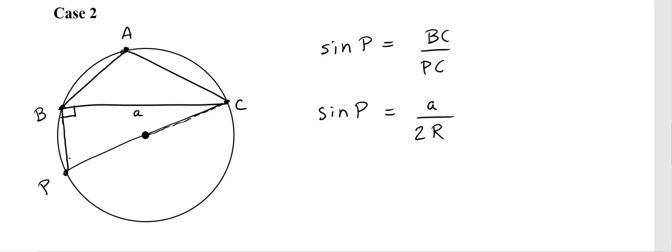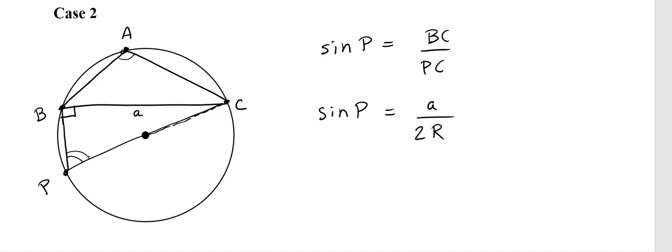Now I want to compare angle P with angle A. Angle A intercepts this large arc BPC, and angle P intercepts the remainder of the circle, arc BAC. Together, this angle and this angle intercept two arcs that total 360 degrees.